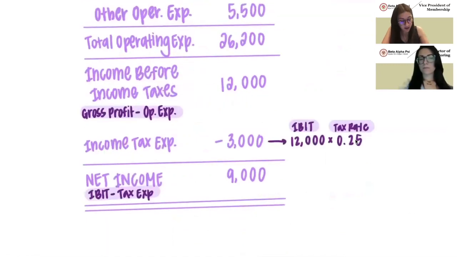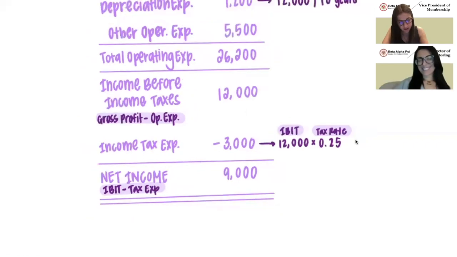And once you subtract that from this amount, then you get your net income of 9,000. And that's how you create the income statement from cash to accrual using all of that information. So these formulas are really helpful, and you can see where we got all the numbers.